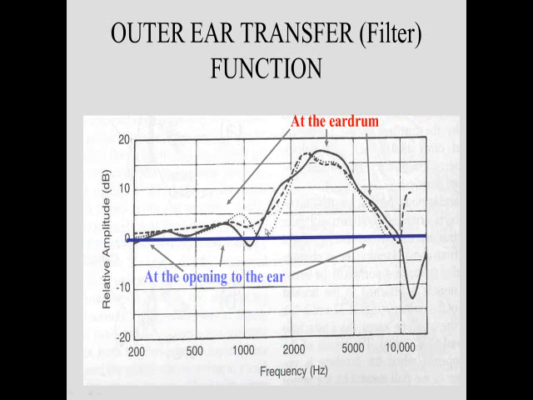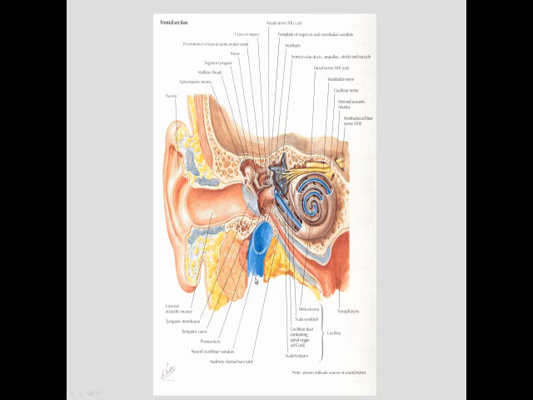This frequency range from about 1500 out to close to 8000 hertz. A lot more energy at the eardrum than there was at the opening to the ear. That is to say, the energy here far exceeds the amount of energy here. And that is due to the resonance characteristics of this outer ear.